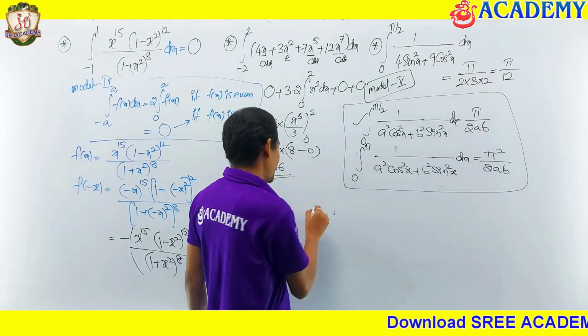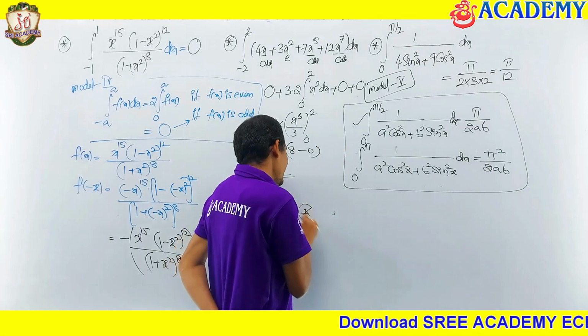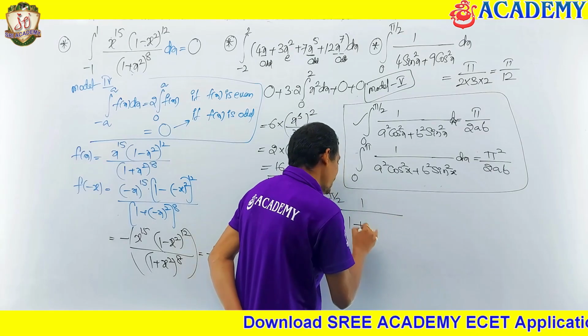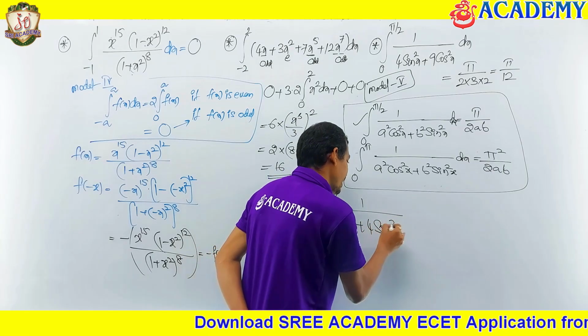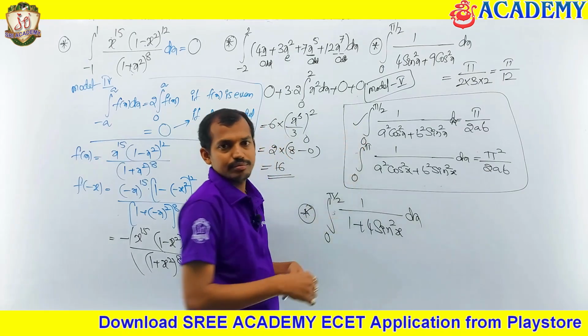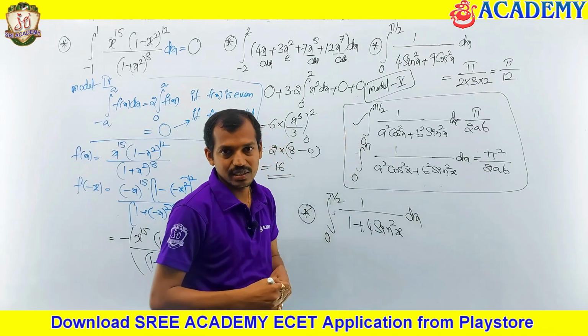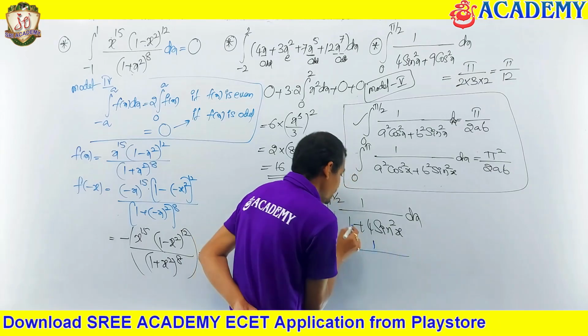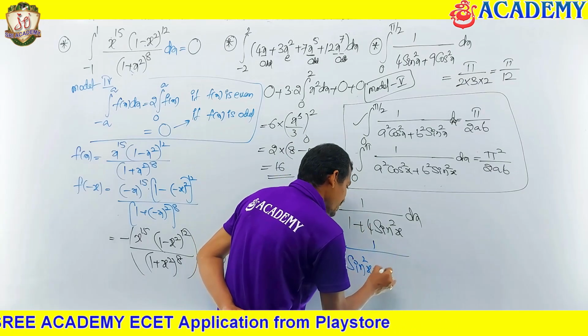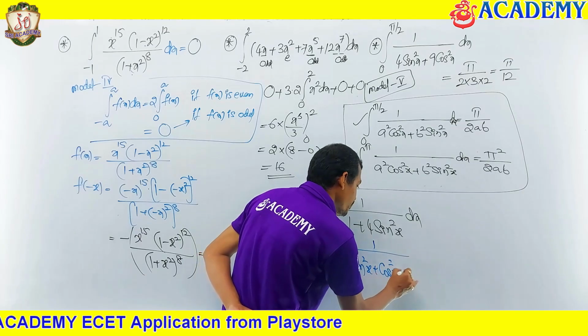Suppose the question is an integral with only one term, 0 to pi by 2 of 1 divided by 1 plus 4 sin square x. It is also the same form but not looking like that. I am writing 1 divided by, replacing 1 with sin square x plus cos square x.